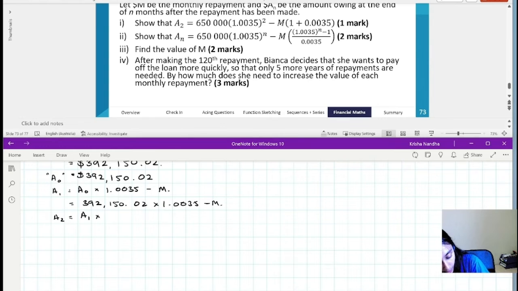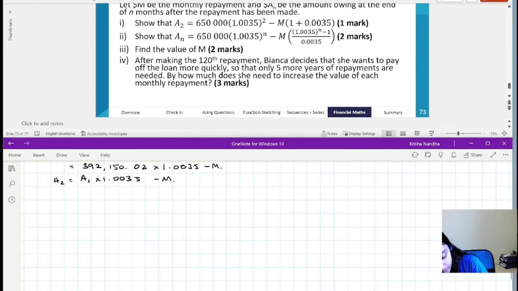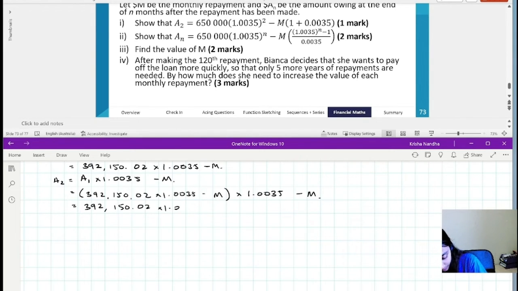A2 will be equal to A1 times 1.0035 minus M. So that will be equal to 392,150.02 times 1.0035 minus M, all times 1.0035 minus M. Expand the brackets, and that gets you to 392,150.02 times 1.0035 squared minus 1.0035 m minus m.